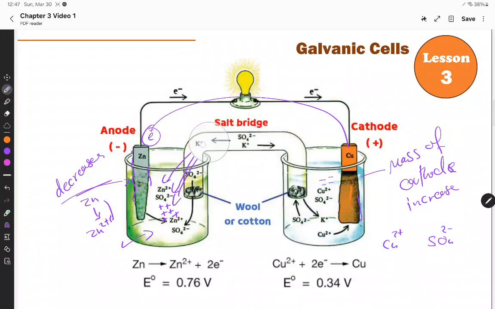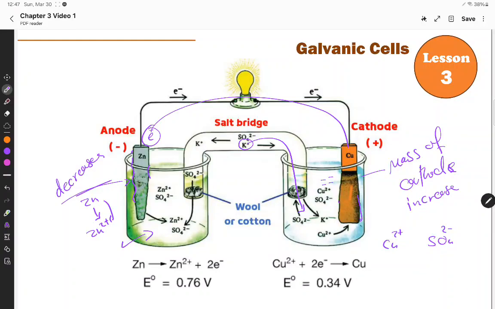On the other hand, in the cathode half cell, the negative ions will increase. It's going to take these negative ions. Also, it can take these positive potassium ions back to the cathode half cell. Now we will have balance of ions.